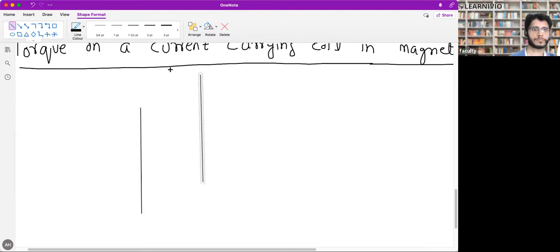So this is your coil. This coil is placed in the YZ plane, like perpendicular plane of paper. Not exactly perpendicular. This is placed in this way. First, understand how this coil is placed.